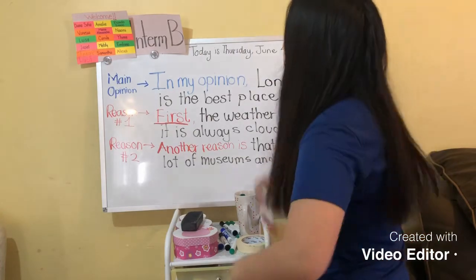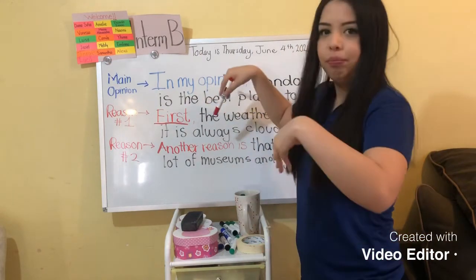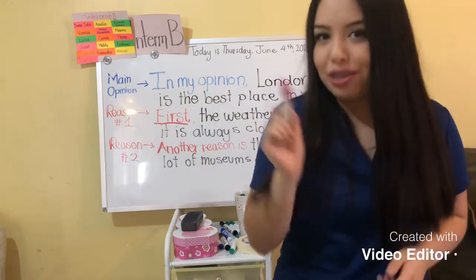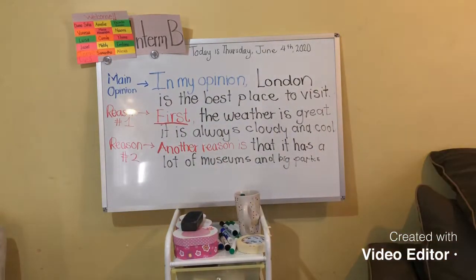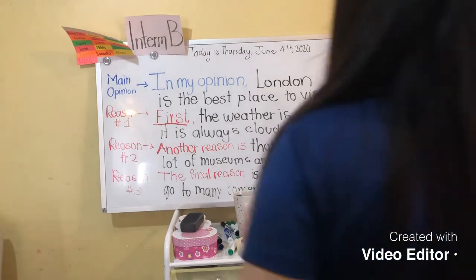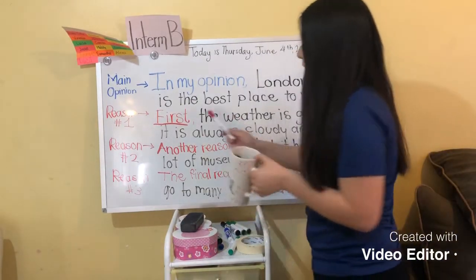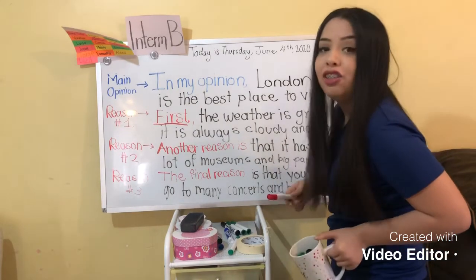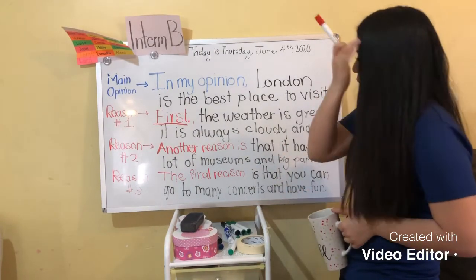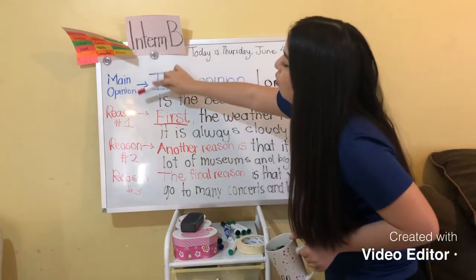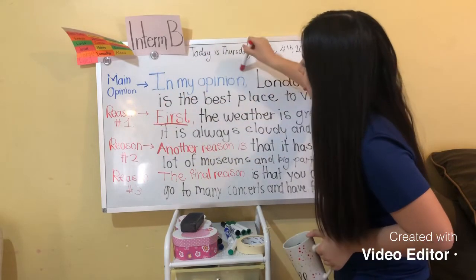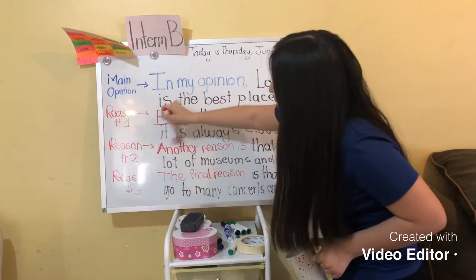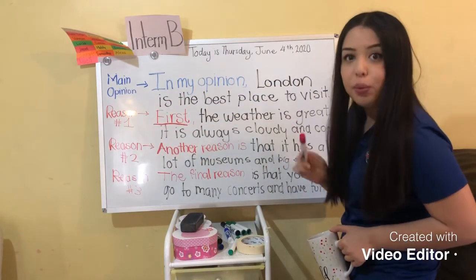No. So in my opinion, first, another reason is, so let's continue. The reason number 3 is, the final reason is that you can go to many concerts and have fun. So you can see the structure and the transition. Transition, transition. So now let's go with the conclusion.